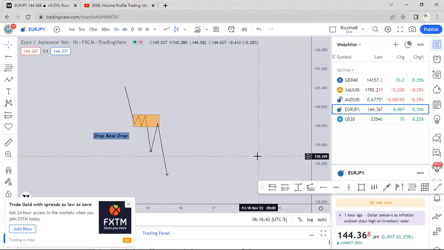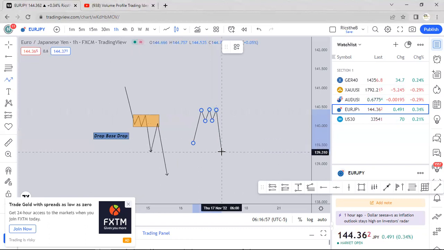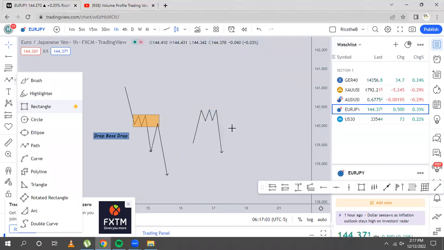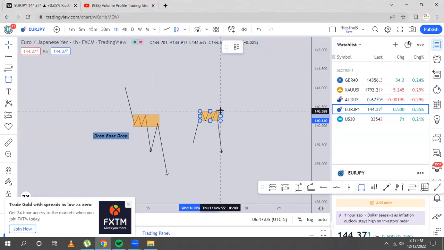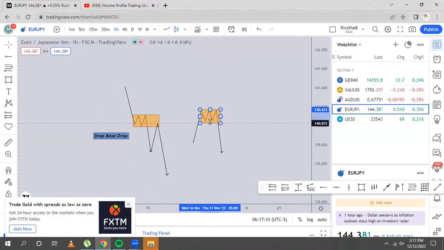Then we have another type that I'm going to be looking at, which is referred to as rally. Now this is price rally, then base, then drop. For this case, this level right here, where we had a pause, is referred to as a base, B-A-S-E.